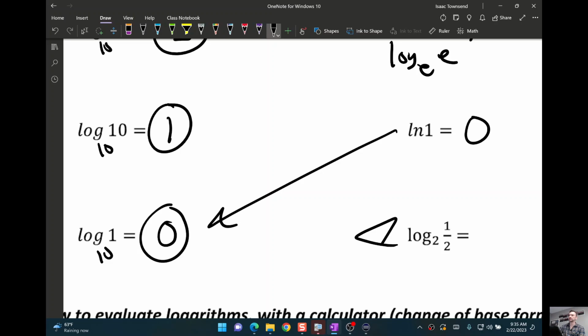And then of all of these, this one's probably the hardest. You got to use a little bit of exponent rules. So 2 to the first would be 2. But 2 to the negative 1, remember a negative exponent in the numerator is consistent with a positive 2 in the denominator.